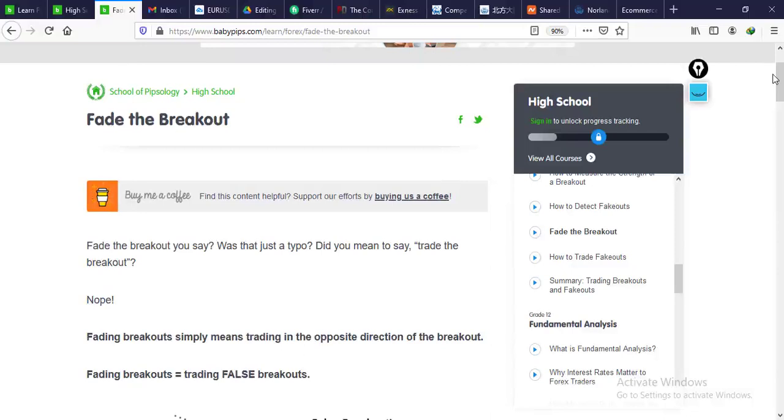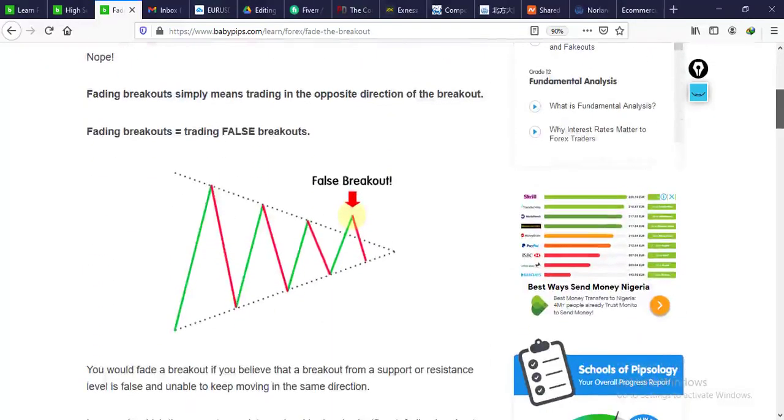So, fade the breakout. Fading a breakout simply means trading in the opposite direction of the breakout. Fading breakout equals trading false breakout. If you know the breakout will not be able to sustain or keep the momentum to the upside, what you do is trade the opposite direction. Yes, we know once the price breaks above a support or a resistance area, we are out to buy.